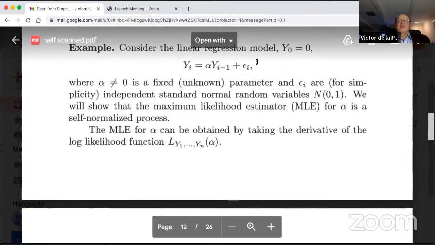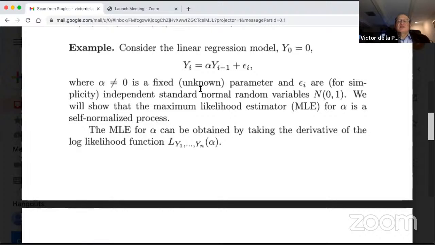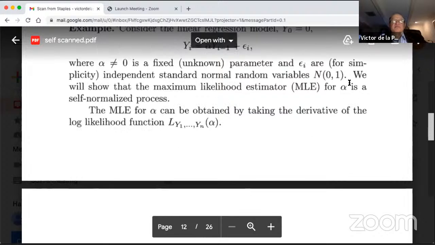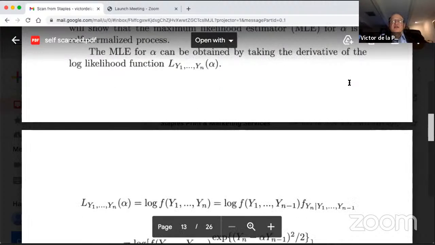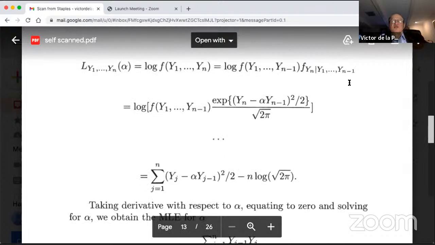Okay, so we have the linear regression model when alpha is different than 0, but it's unknown. We take a sequence epsilon sub i of independent standard normal random variables. We will show that the maximum likelihood estimator of alpha is a self-normalized process. The maximum likelihood estimator of alpha can be obtained by taking the derivative of the likelihood function. And this is the likelihood function.